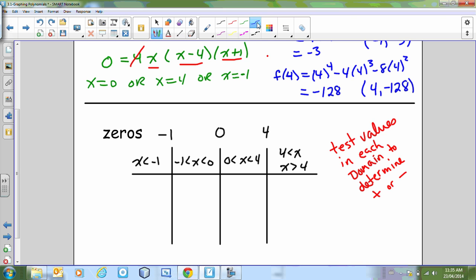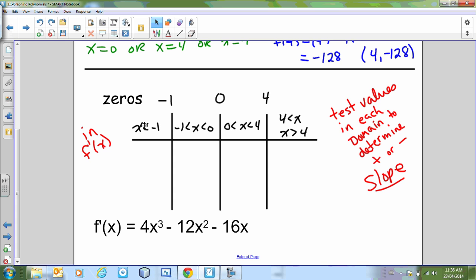And so to the left of -1, I want to test the values in each domain to determine whether positive or negative. And the magic word is slope. So we're testing in f prime to determine whether things are increasing or decreasing in each of these ranges.